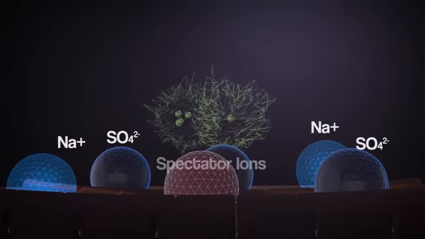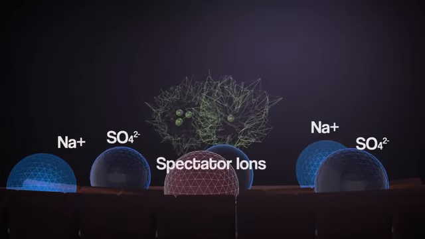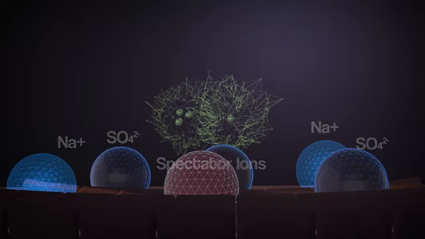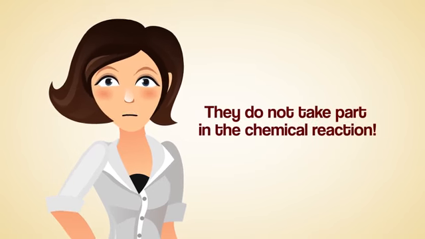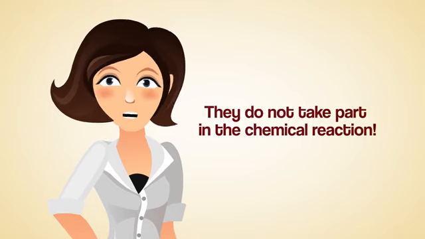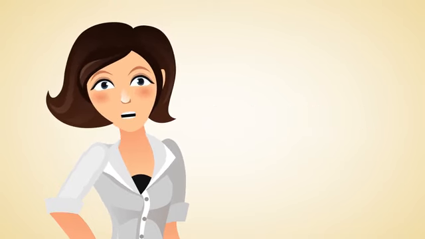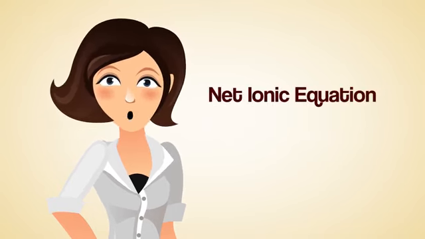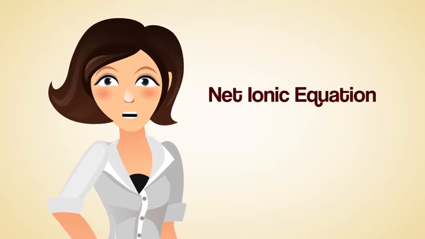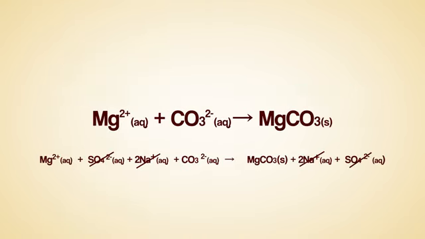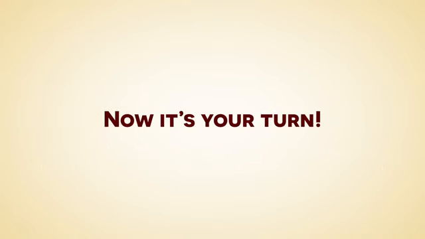These are called spectator ions because they remain unchanged throughout the reaction, so they do not take part in the chemical reaction. Since they go through the equation unchanged, they can be eliminated to show the net ionic equation, which is Mg2+ plus CO3 2- react together to form MgCO3.